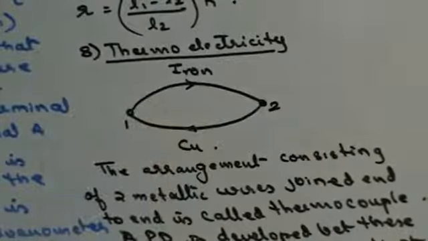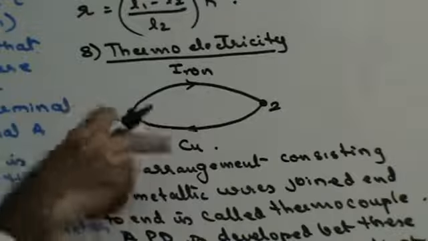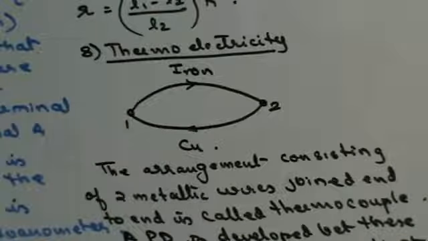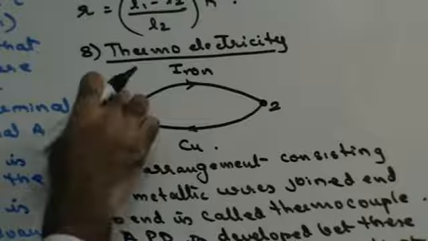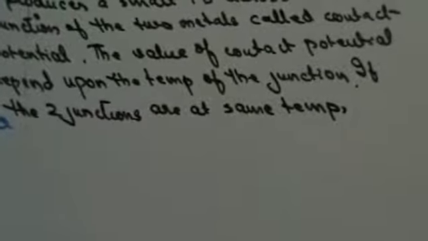This is one junction, this is the other junction. If the two junctions are at the same temperature, some potential difference is developed at junction 1 and at junction 2. Due to the contact potential, some current flows at junction 1. Since the other junction is at the same temperature, the same amount of current will flow through the other junction also.